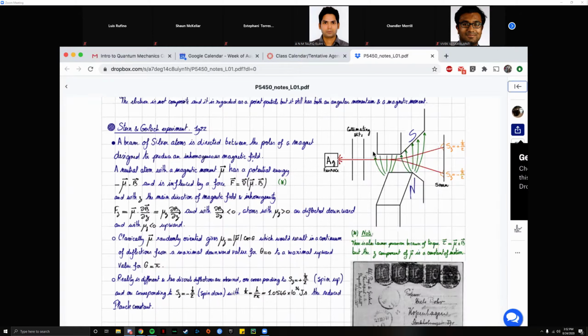When you have a magnetic moment inside a magnetic field, two things happen. One thing is that there is a torque exerted on the particle as a result of the interaction with the magnetic field. And this torque, I wrote that here actually, is equal to the cross product between the magnetic moment and the magnetic field.